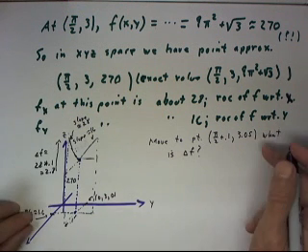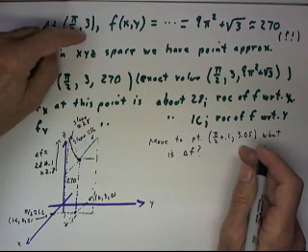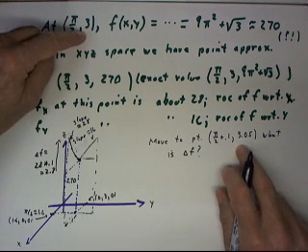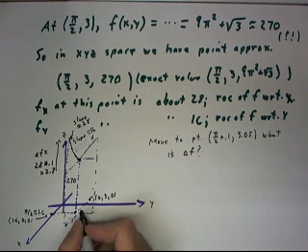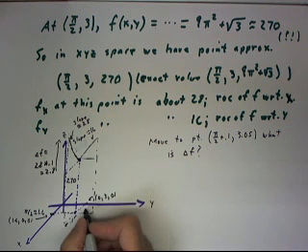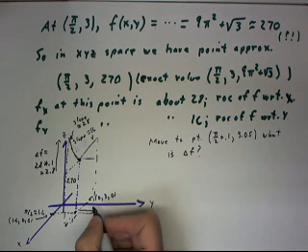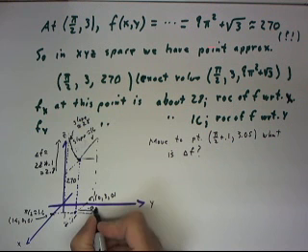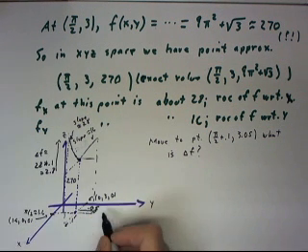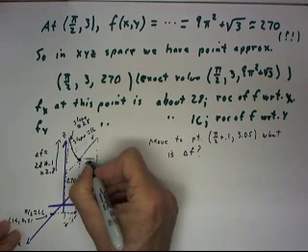Now if we move 0.05 units in the y direction, which we do if we start at the point pi over 2, 3 and move to 3.05, then this distance here, which we'll depict by an arrow in the y direction, is 0.05.